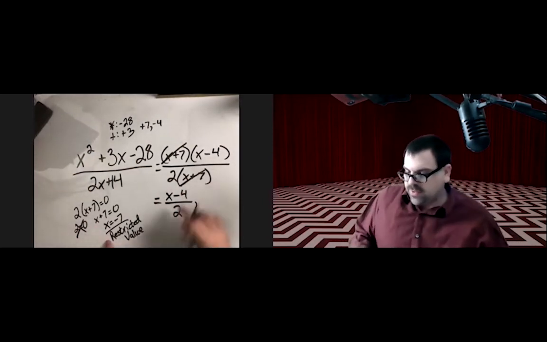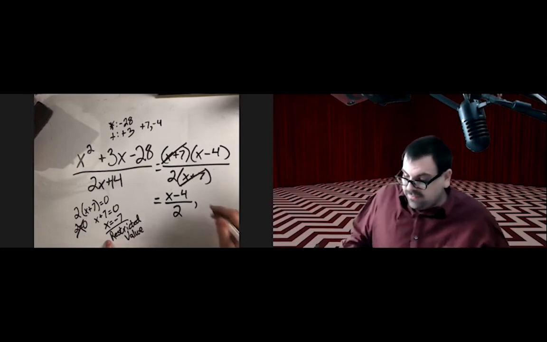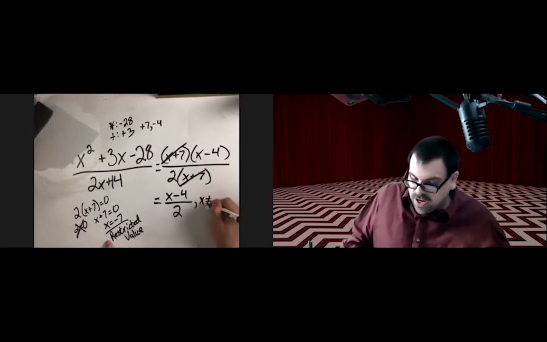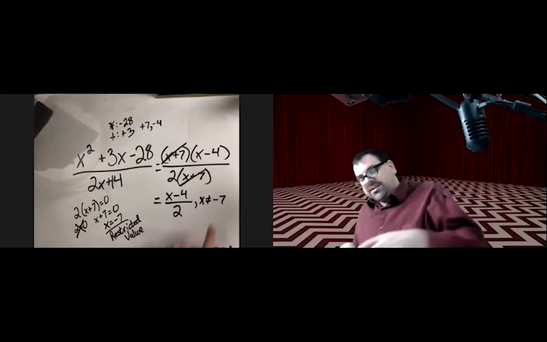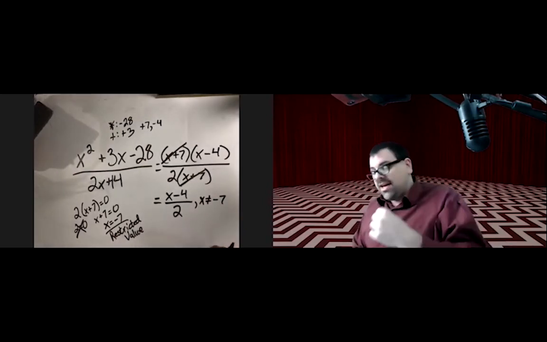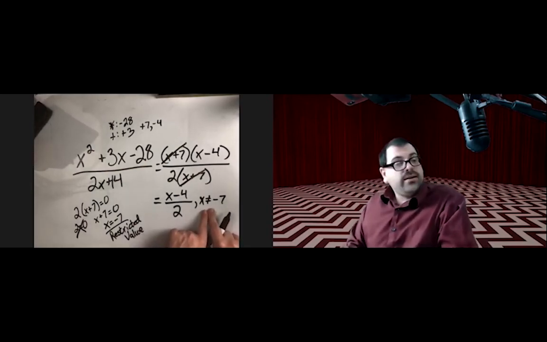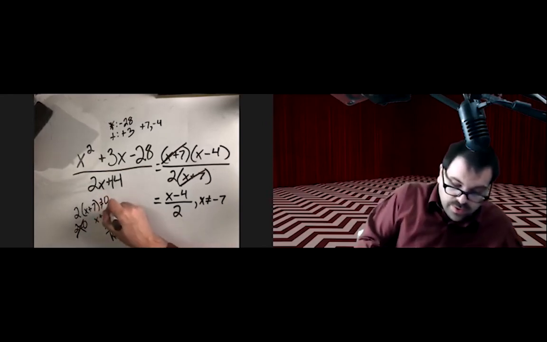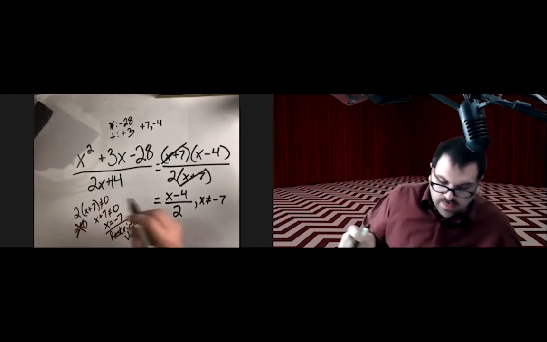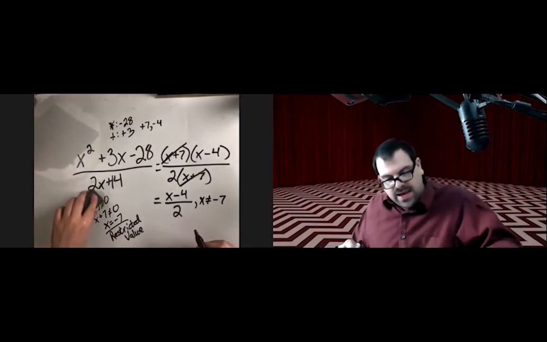And since we can't see that x plus 7 factor on the bottom anymore, we have to say, hey, x cannot equal -7. Make sure that since it's a restricted value, we're saying x cannot equal that, you're using the not equal sign. In fact, if you want to go through and put it there, you can.